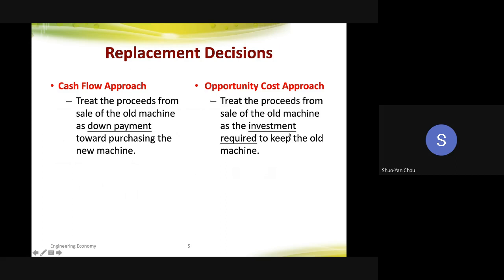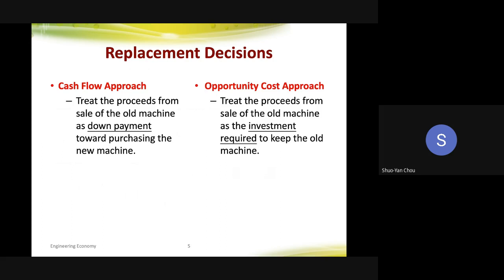Another way is we can treat this as the salvage value of the old machine, and we look at it from the old machine's perspective. We say, okay, we'll keep the old machine, but then this additional $10,000 will be considered as the opportunity cost of keeping the old machine.